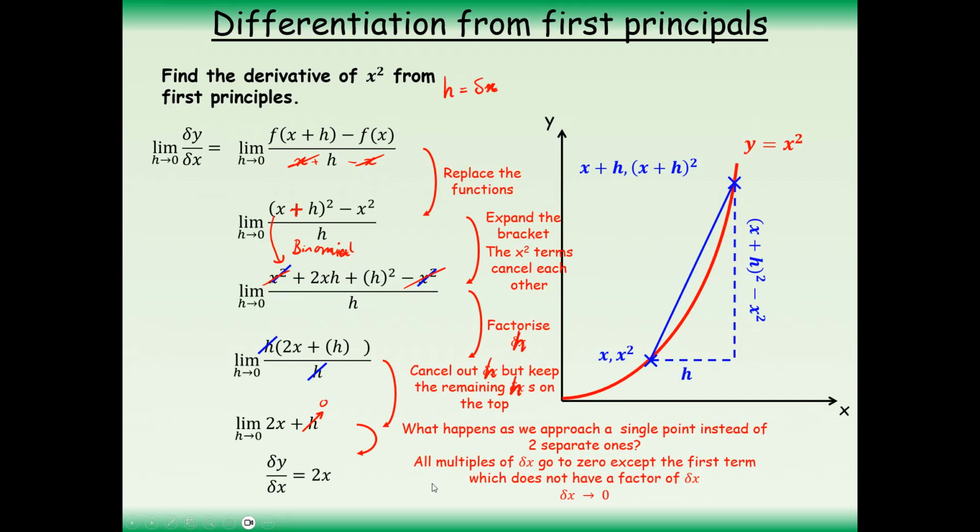So finally, 2x. Now do you remember what happened at the beginning of the lesson? I was just guessing some gradients from x values there. So this is a kind of f dash function. What we just figured out is the f dash, or the gradient function, to be 2x.